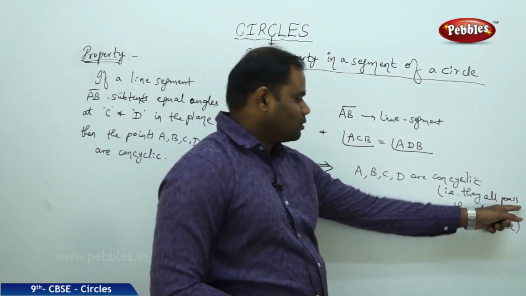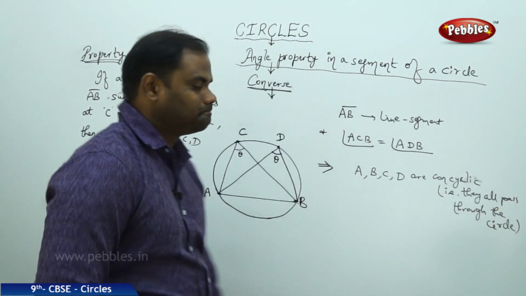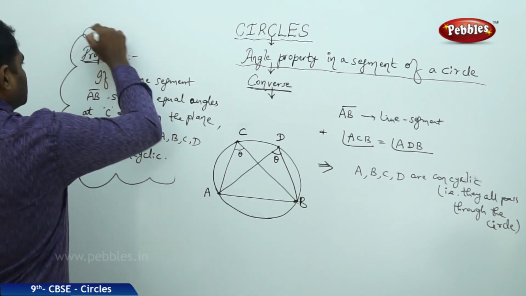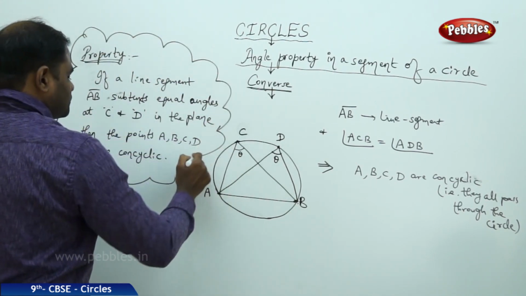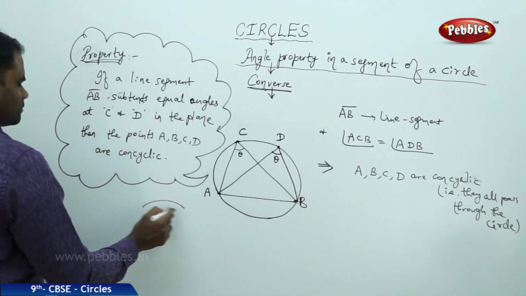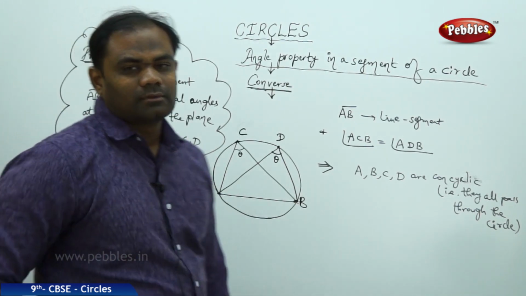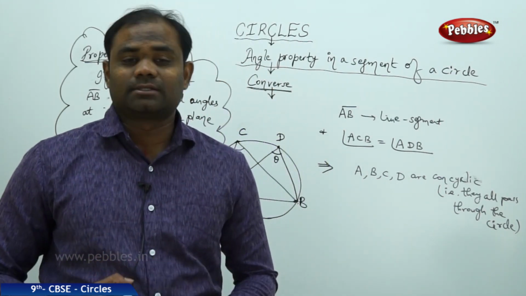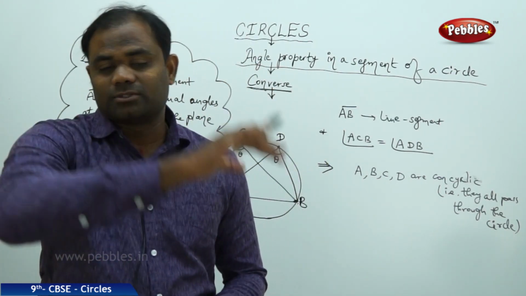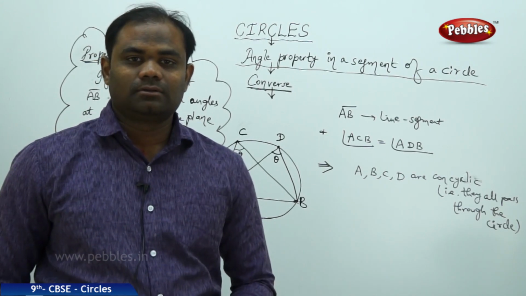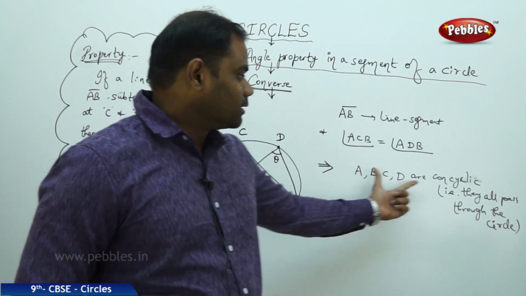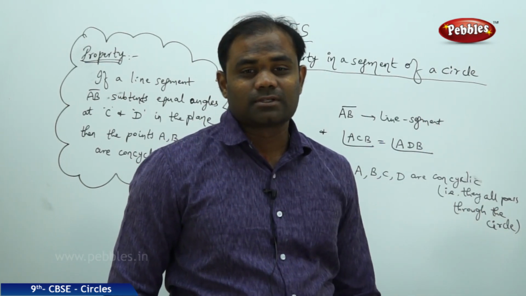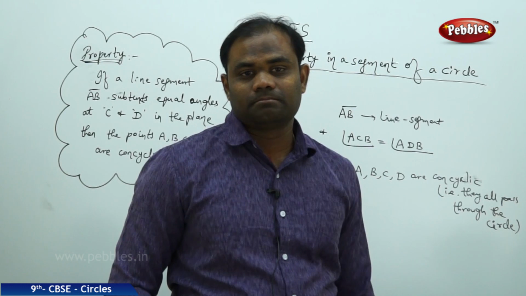That is, they all pass through the circle, is how we understand the property connecting the line segment which makes equally subtended angles and hence passes through the circle, the converse of the segment theorem.